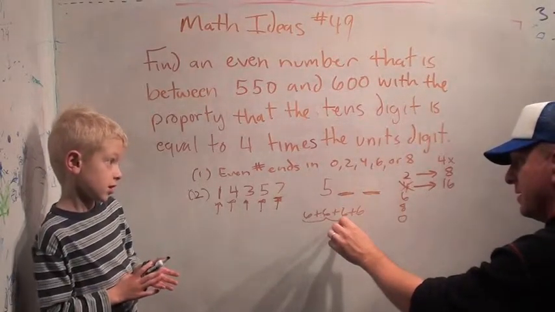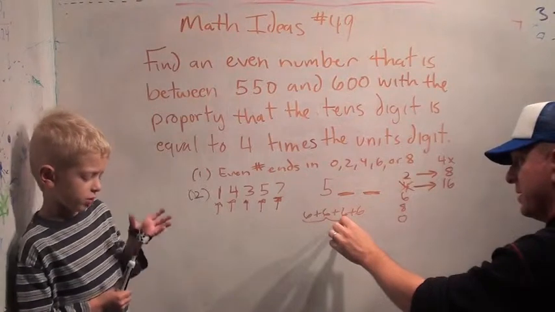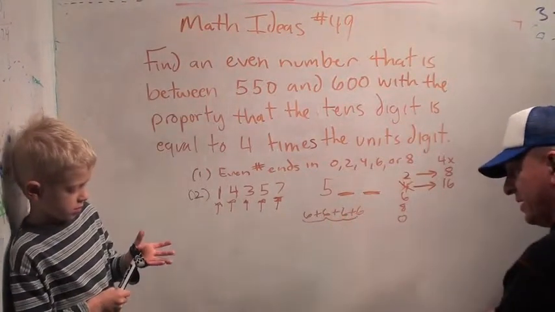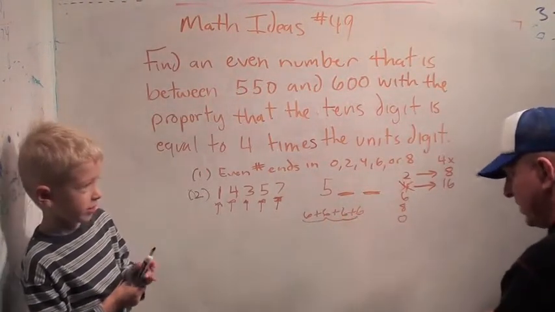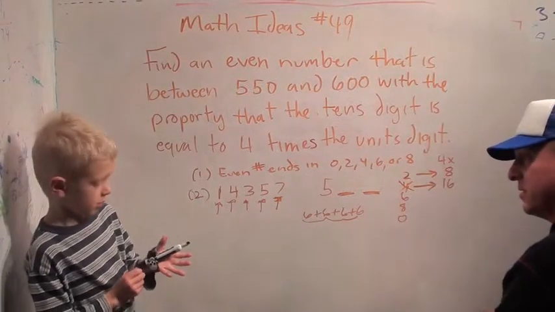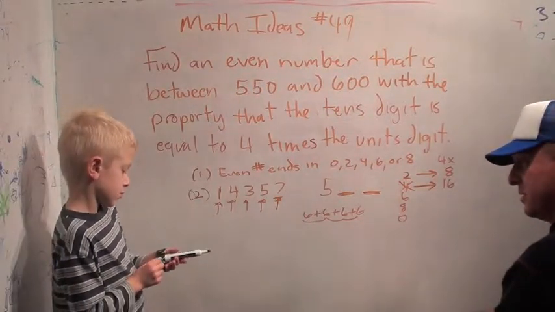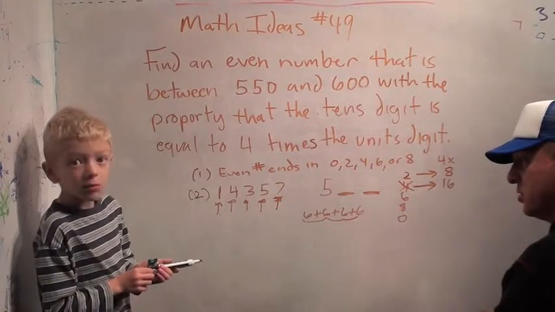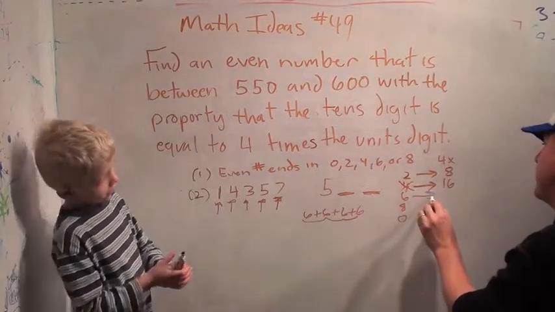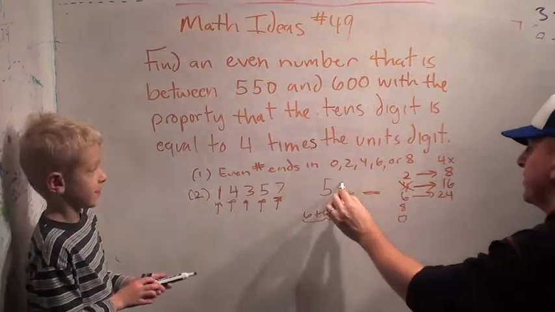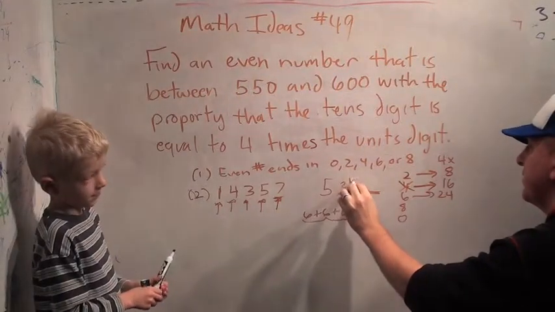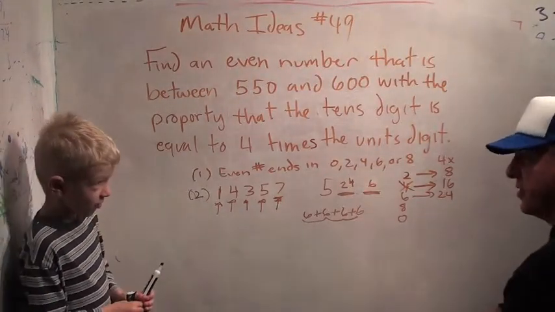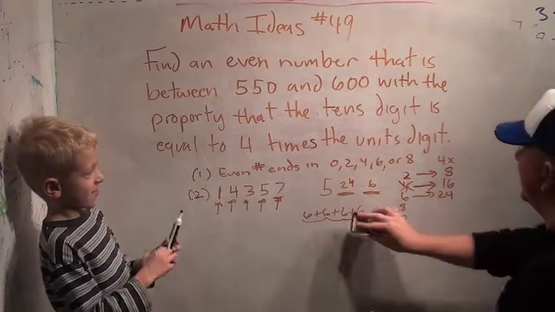Not quite 30. 18 plus 6 is 24. Very good. Okay, so can we get 5, 24, 6? Is that a number? No, that's not a number.